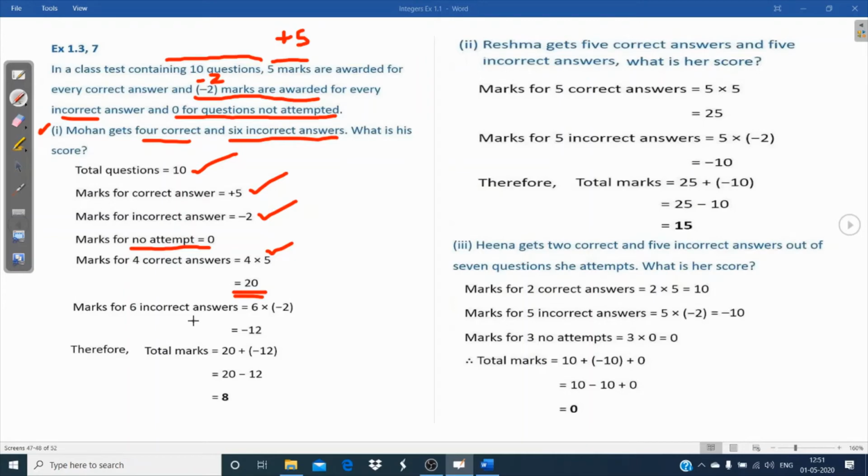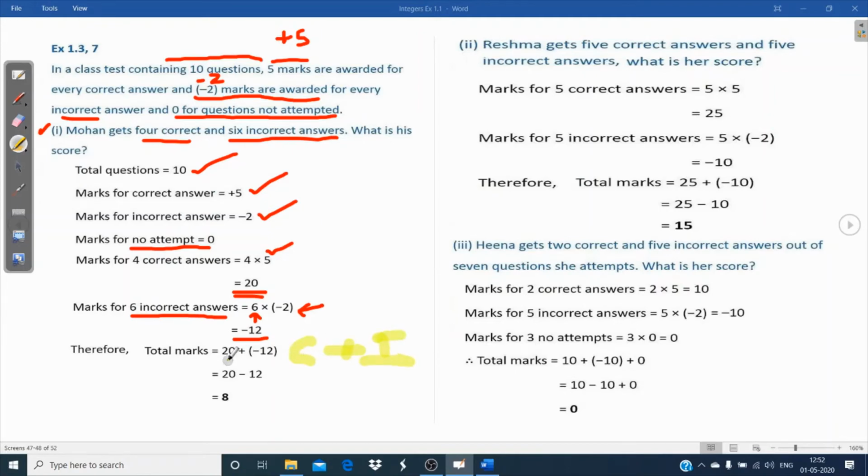20. Now, he has given 6 incorrect answers also. So the total number of incorrect questions was 6, and for every incorrect question minus 2 marks is reduced. Now 6 into minus 2. 6 twos are 12 and sign minus, minus 12. So the total marks will be what? Correct plus incorrect.